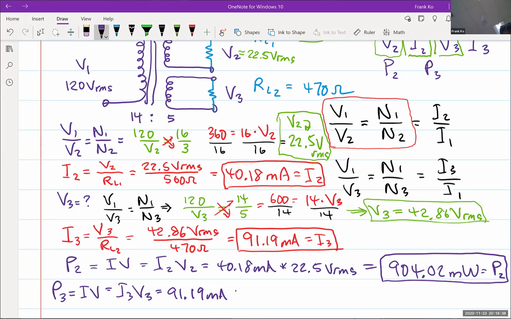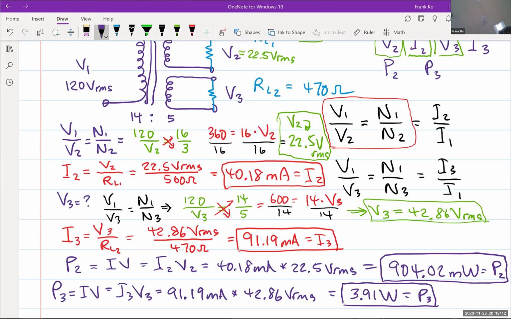I'm going to multiply this by my V3 of 42.86 volts RMS. And so we got enter times. And what do you calculate for the power, sir? 3.91 watts. Okay, works out to be 3.91 watts is equal to my P3. Okay.